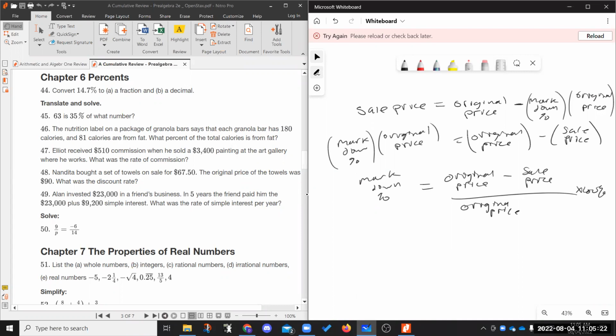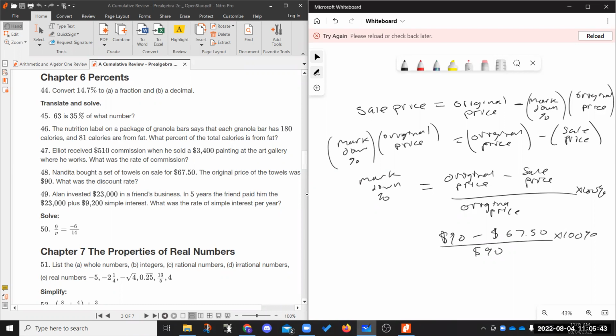So let's do that. Here's our formula. Original price was $90. Our sale price was $67.50. We're going to divide that by $90, and then we're going to multiply by 100%.